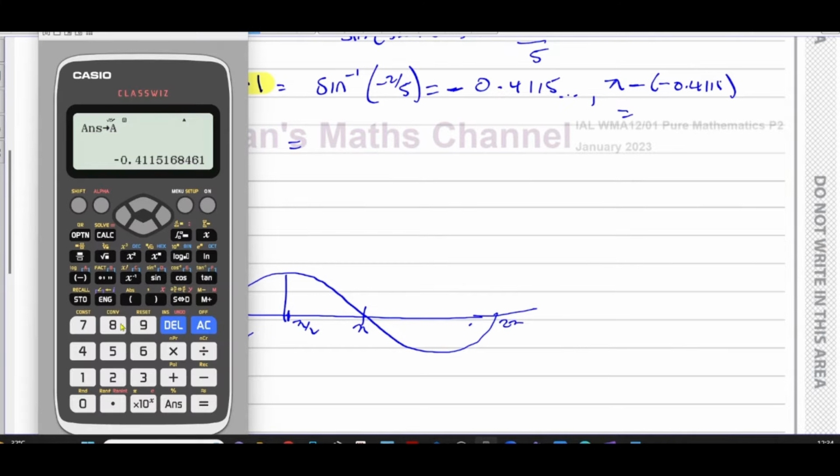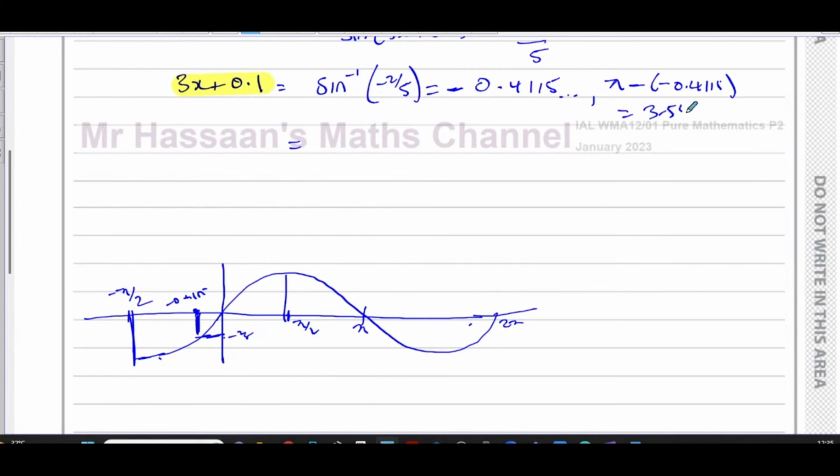If I take this answer and do pi minus that answer, it's going to give me pi plus 0.4115, because minus and minus gives you plus, and that gives you 3.5531. That's the angle over here, pi plus this little amount.